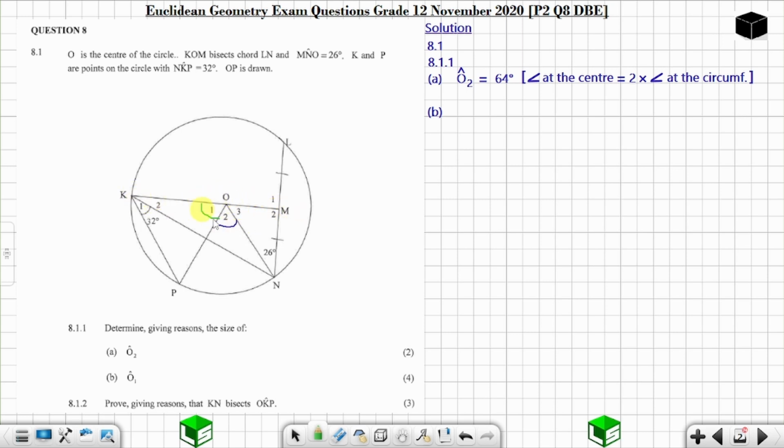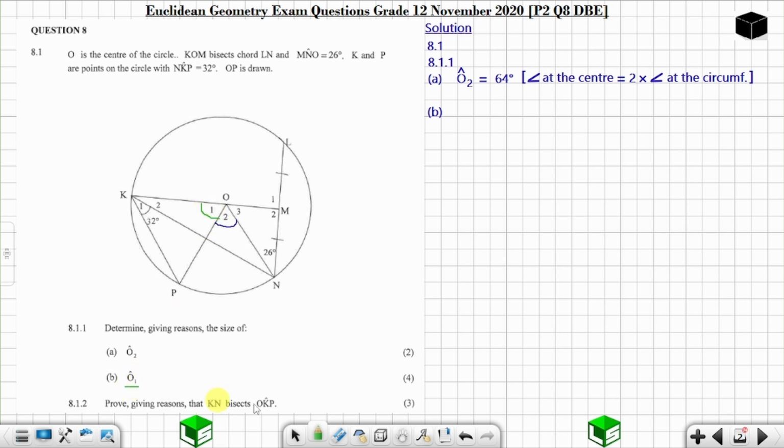Remember, the sum of the angles on a line is equal to 180 degrees. So we need angle O3 so that we can find angle O1.